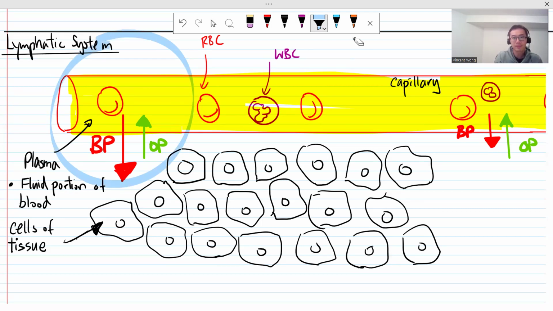On this side, which one is bigger, the red or the green? The red one is bigger. That's right. So you will actually be losing fluid.